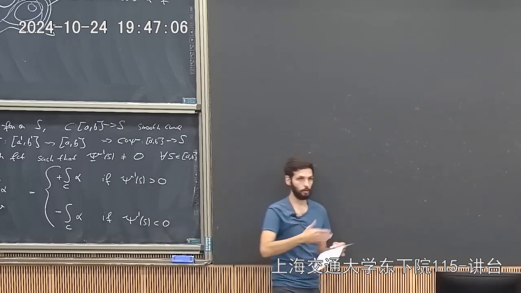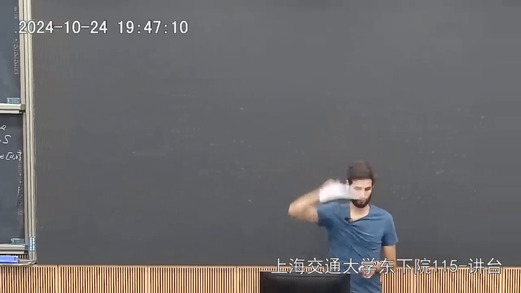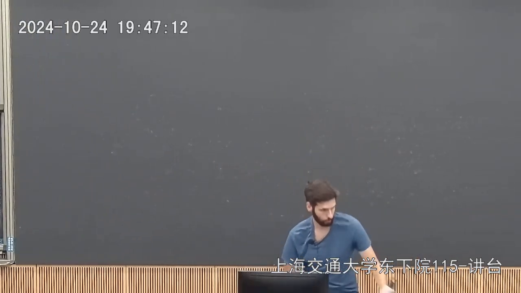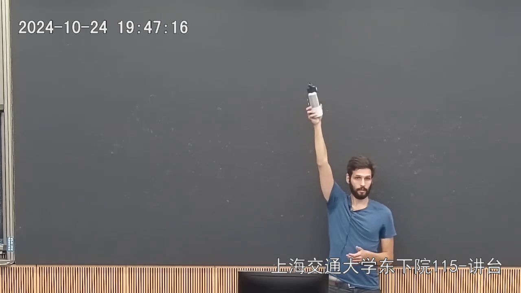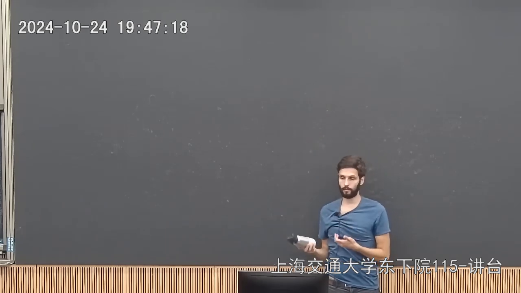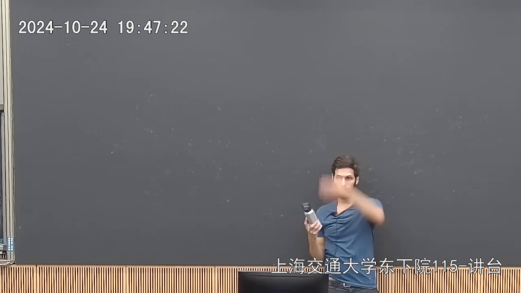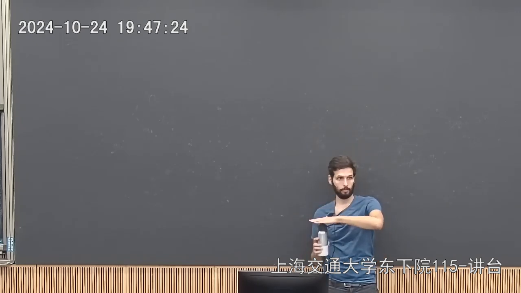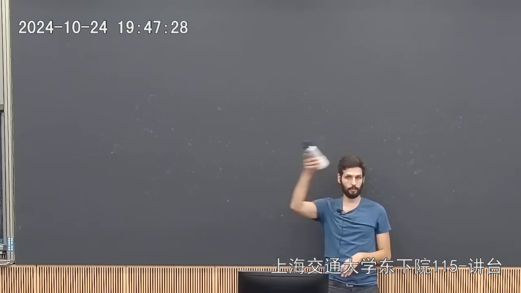It's that the work done between going from here, if I have to lift this bottle and I have to lift it up, doesn't matter if I do it really fast or not. It really just depends on the endpoints between here and here. And it also doesn't depend on whether I move like this.